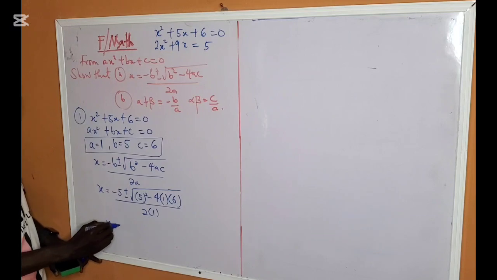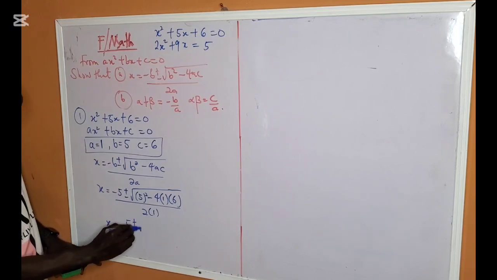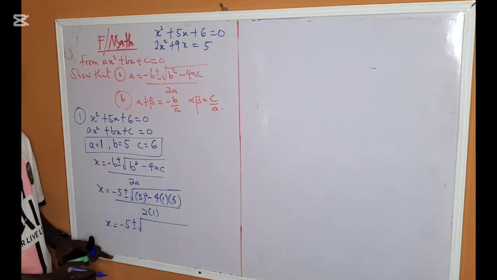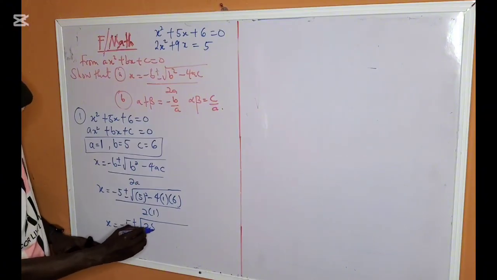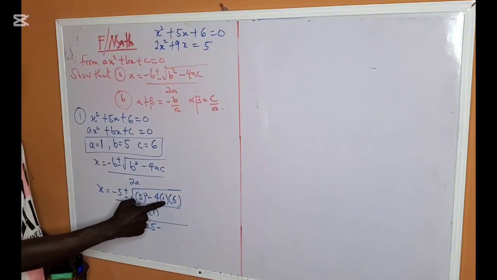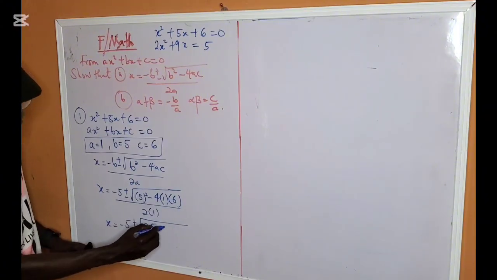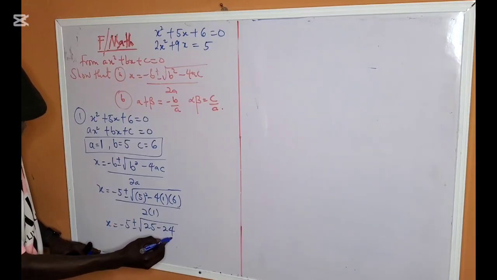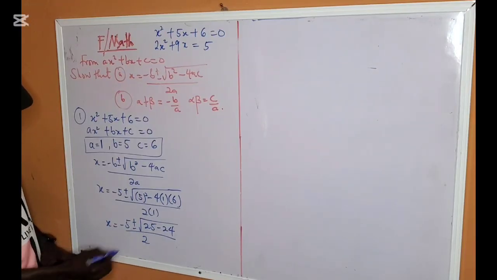Therefore, 5 squared is 25, minus 4 times 1 multiplied by 6, that's 24, divided by 2.